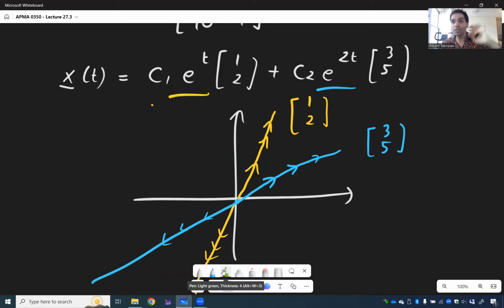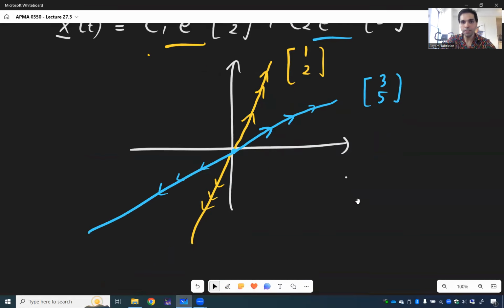So here we can just really follow the arrows, but notice e^(2t) is much bigger than e^t. So maybe let me write that down. So note, again, e^(2t) is much bigger than e^t. That's how you write much bigger.